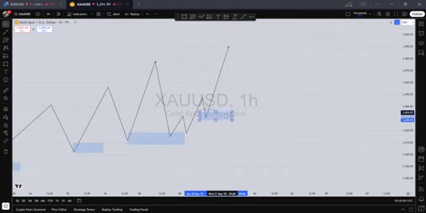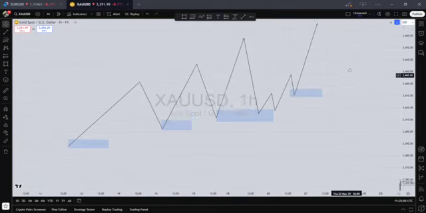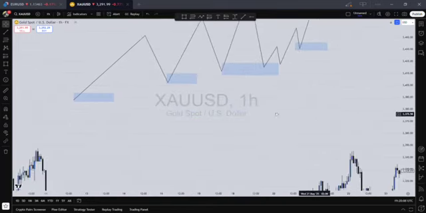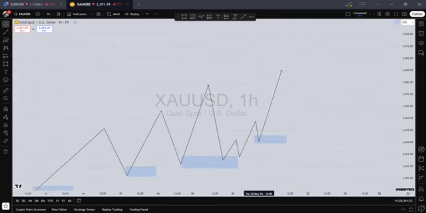Now there's something peculiar about order blocks that most traders don't know, is that some of these order blocks, they are points of inducement. They are not, of course, every order block, they are liquidity zones. They are where people have a lot of orders.